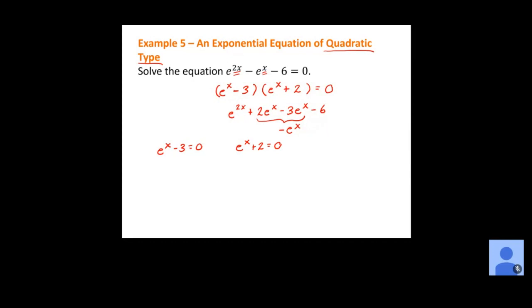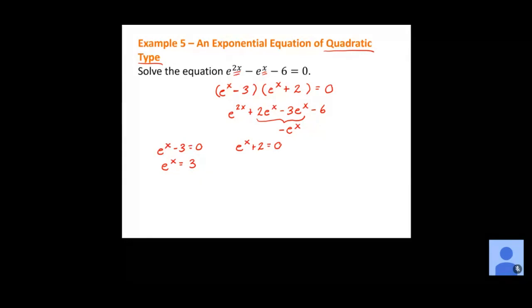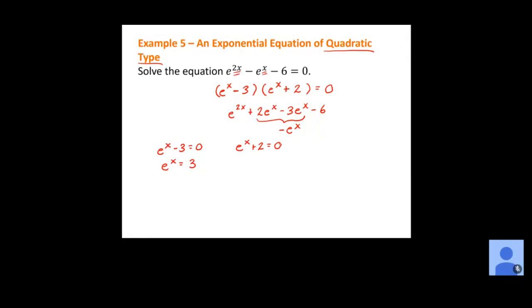Add the 3, so that's going to give us e to the x equals positive 3. And now we would need to do what to get x by itself? Natural log. Good. So we're going to take the natural log of both sides. And so what's that going to give us on the left-hand side?